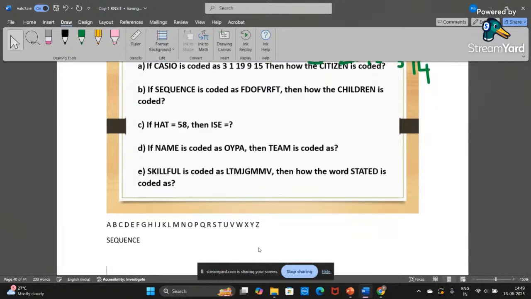This is coded as FDOERFT. So we have to find the logic of this.